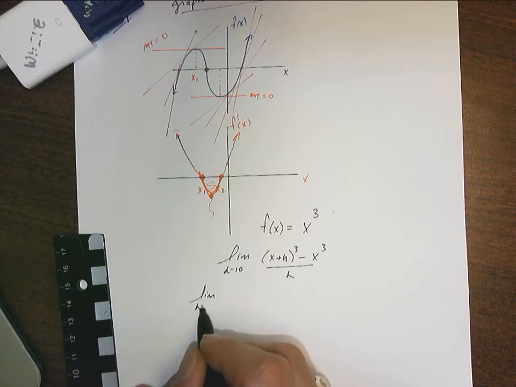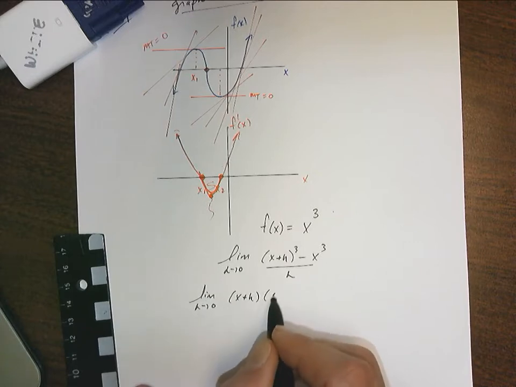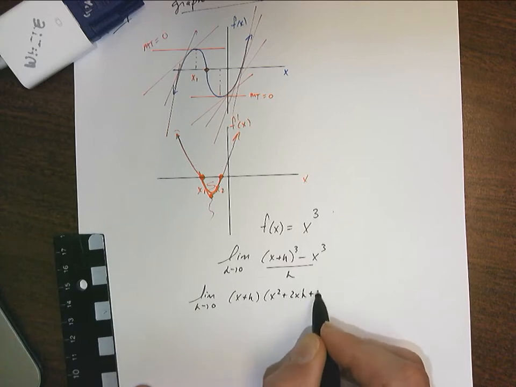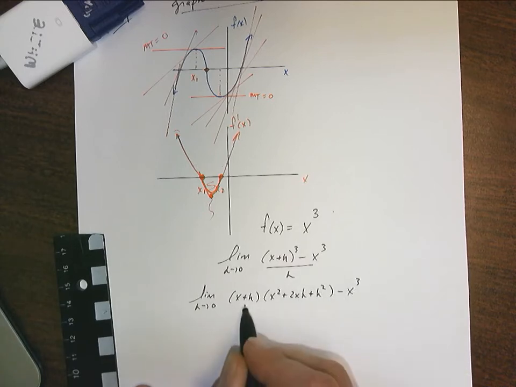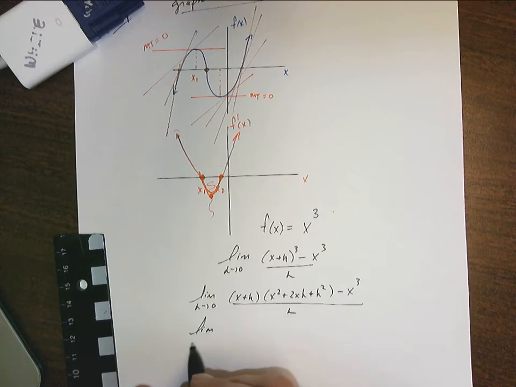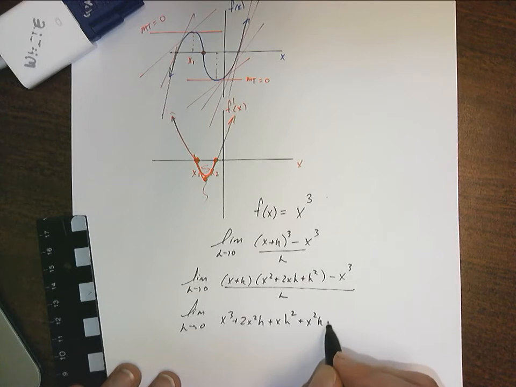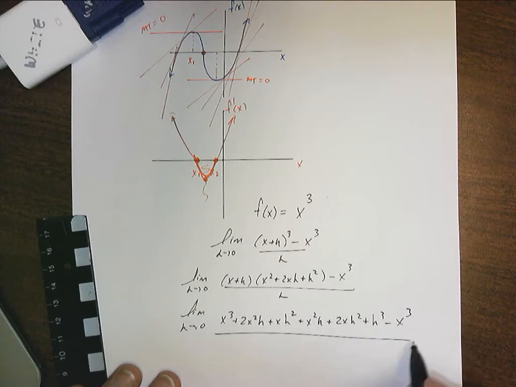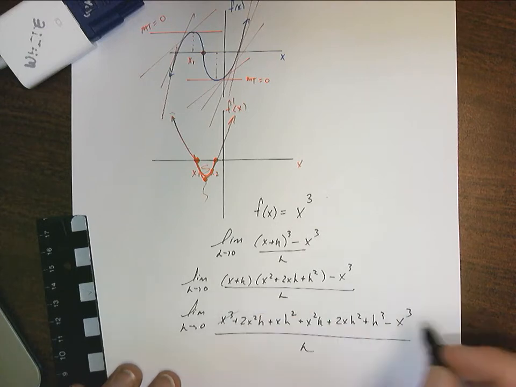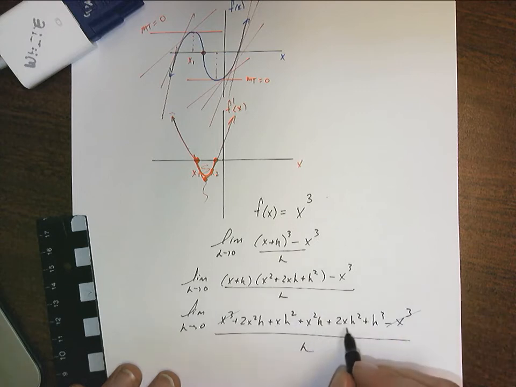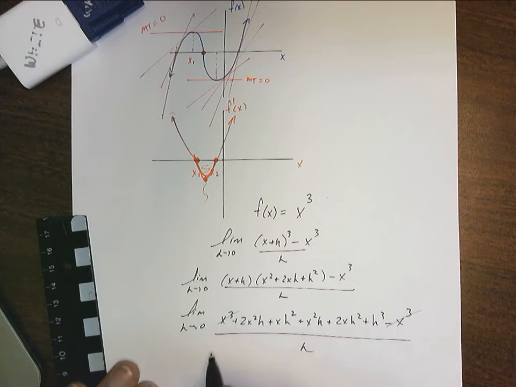This is going to be (x plus h)(x squared plus 2xh plus h squared) minus x cubed over h, the limit as h approaches 0 of x cubed plus 2x squared h plus x h squared plus x squared h plus 2xh squared plus h cubed minus x cubed over h. That should go away with that. 2x squared h, and that's all I have of those.